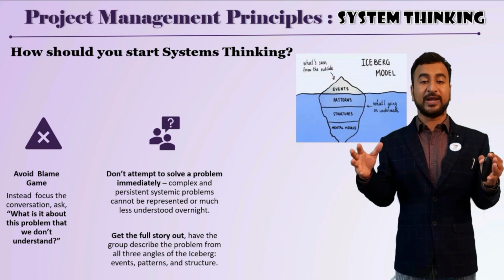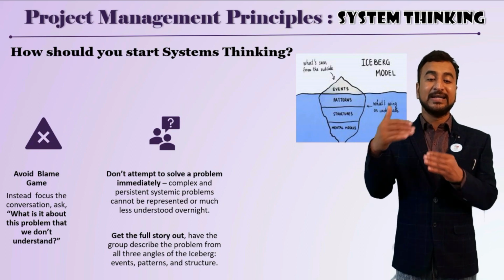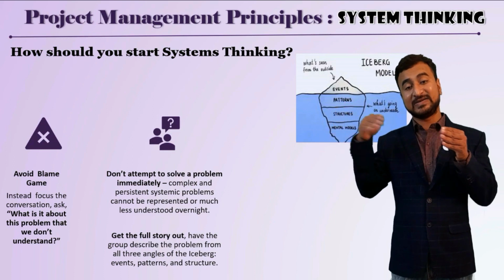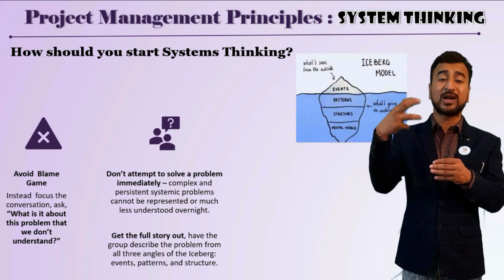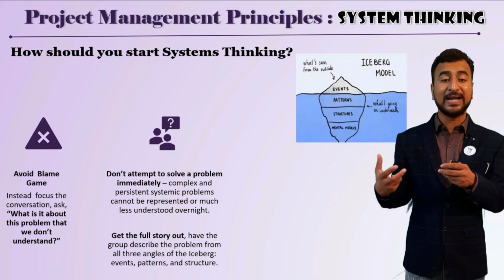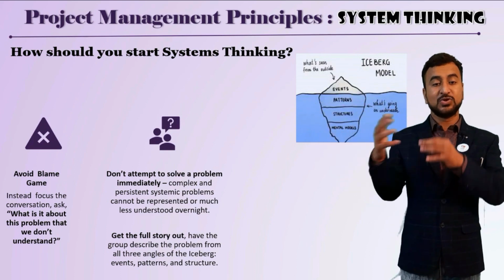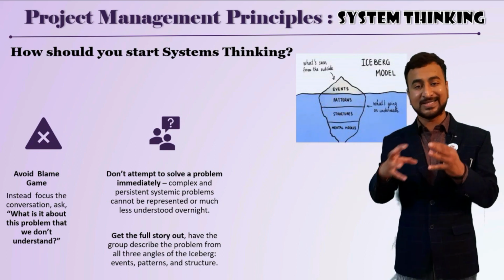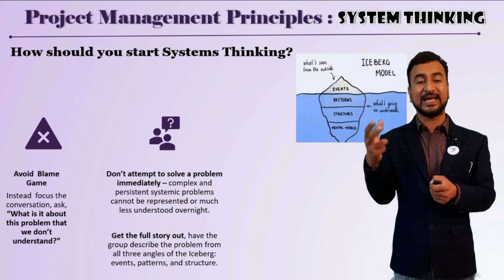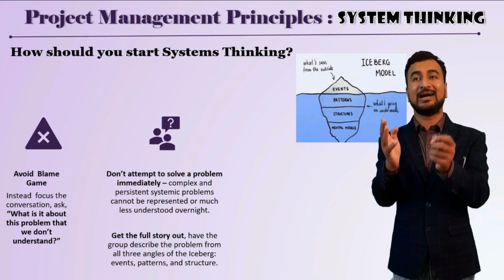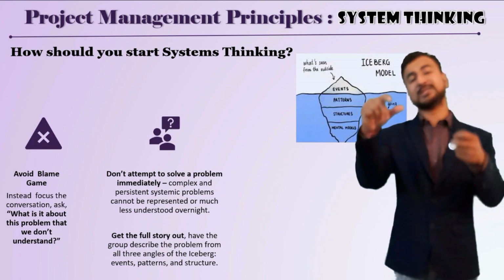Get the full story by understanding the different patterns and trends, the structures, and the mental blocks that in turn create that particular problem. So you have different viewpoints to understand this event. Don't jump to a biased idea that this is the problem or this is the reason.